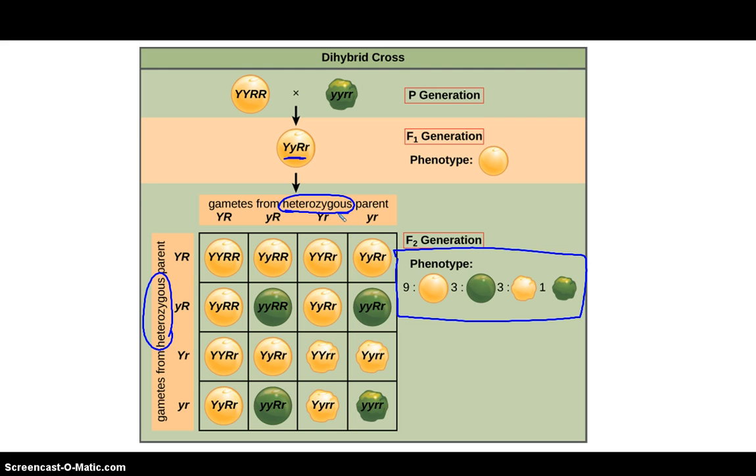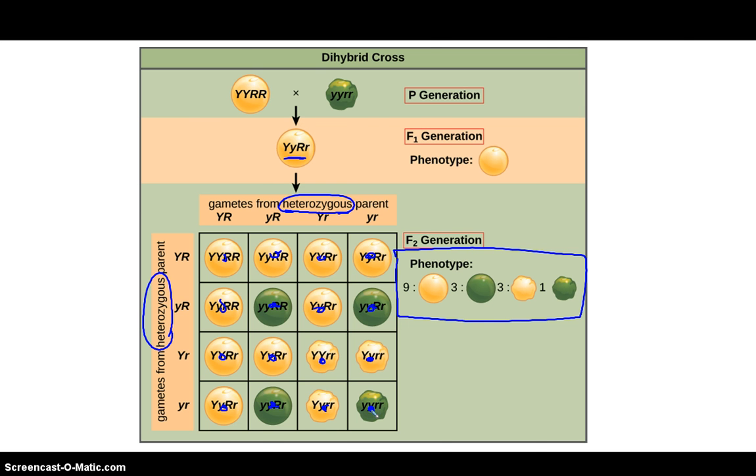That means 9 of the individuals, 1, 2, 3, 4, 5, 6, 7, 8, 9, will be completely dominant for both traits. 3 of the individuals will be dominant for one trait but not the other; in this case, they'll be round but the recessive green. Another 3 will be dominant for yellow but recessive for wrinkled. And one of them, right down here, will be recessive for both traits.